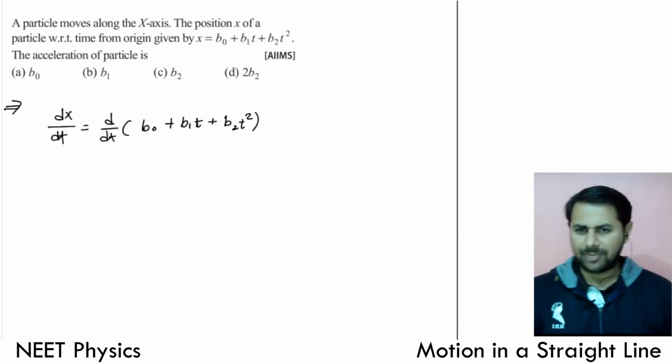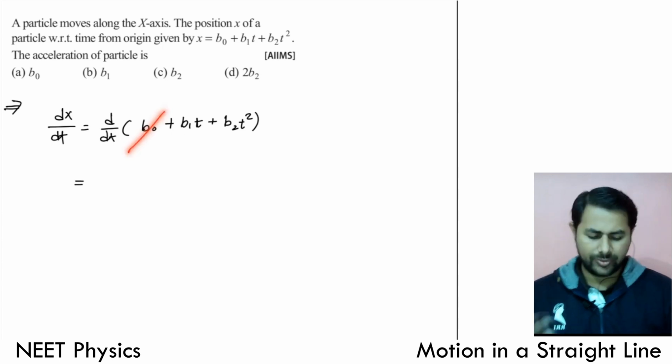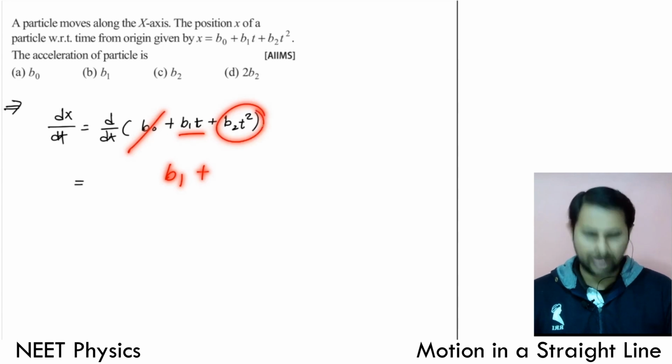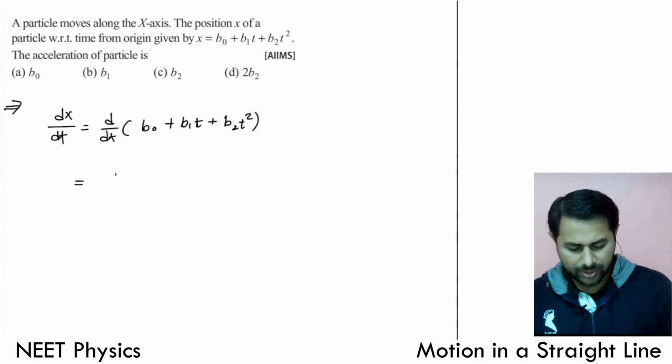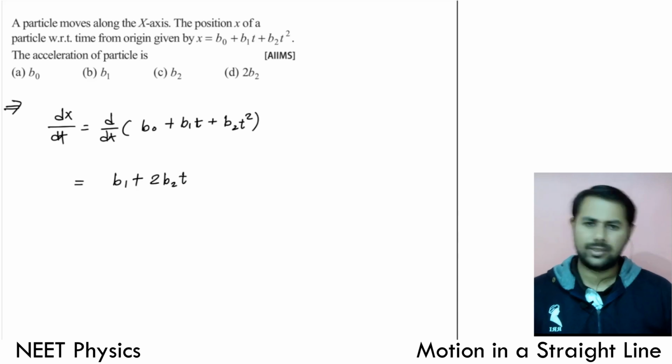Now I am explaining, so I have to write, but you can take derivatives in your mind, right? So derivative of b naught is 0, then the derivative of this one will be b1, plus the derivative of this thing. So b2 is a constant, so it will be 2 times b2t. So it is b1 plus 2 times b2t. Then take another derivative.